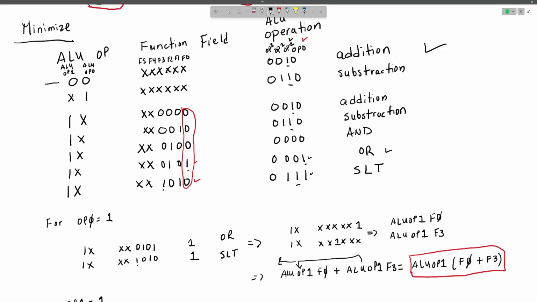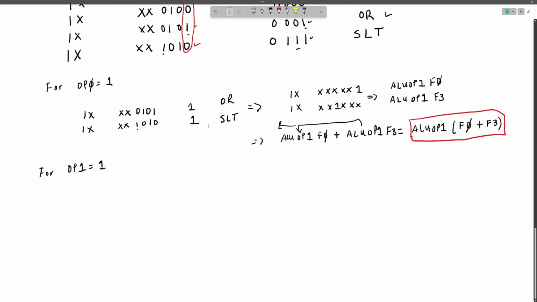So for this condition, 0, 0, we need that one. We don't care about the function, but we do care about that one. So 0, 0, function field don't care. And okay, so I have a 1 for that one.